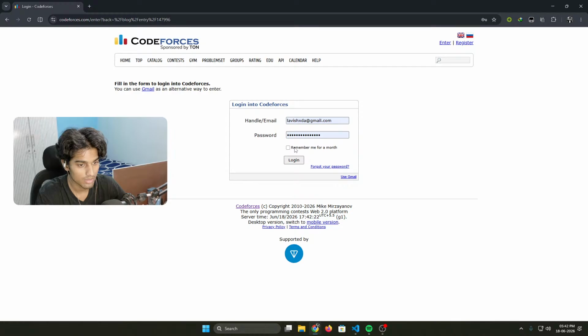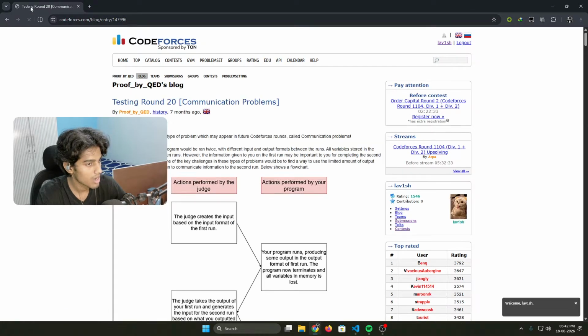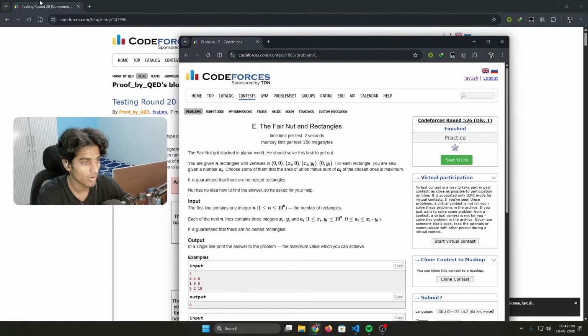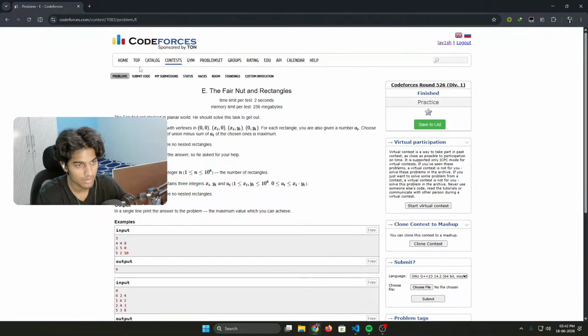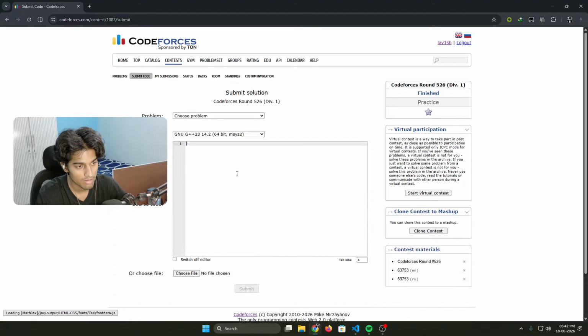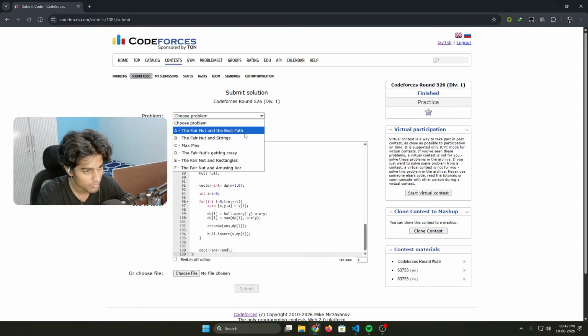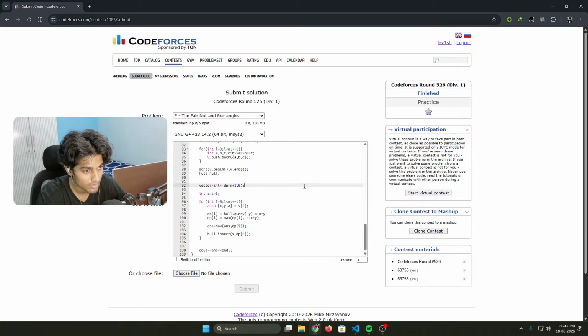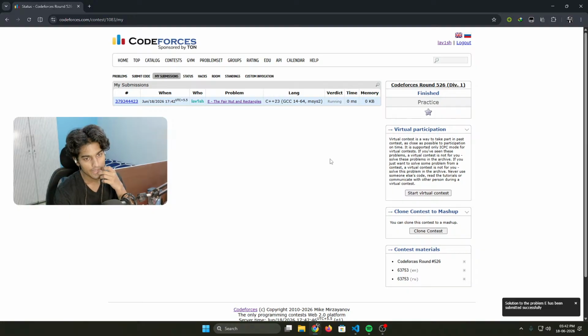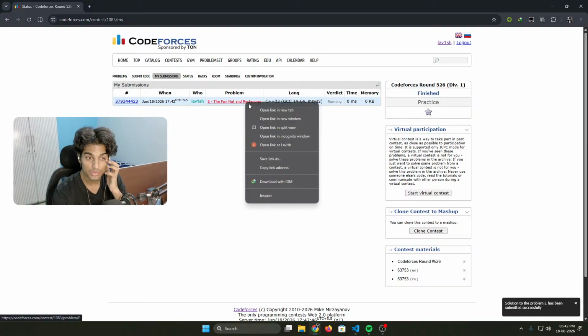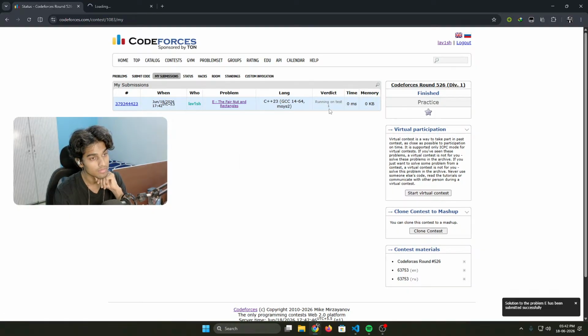What's the problem? What was the name? Rectangles, right? Yeah. This is like the hardest problem I have ever solved actually, if that works.